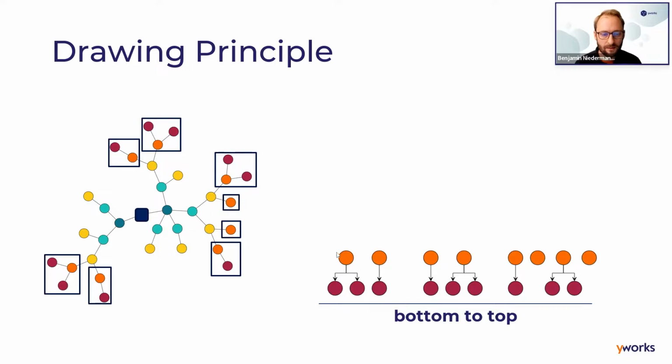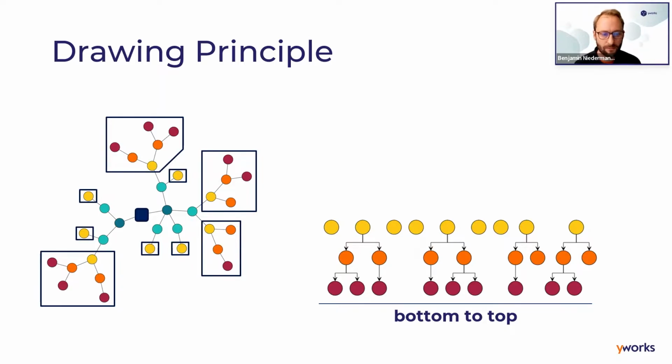This time we combine, for example, this orange node with its two child nodes, and this gives us a new drawing. We do this for all of the subtrees. Each of these subtrees is drawn recursively by first drawing the leaf nodes and then the parent nodes. We continue with this process layer by layer. For example, in this case, we again take the drawings that we already have and combine them with a common parent node.